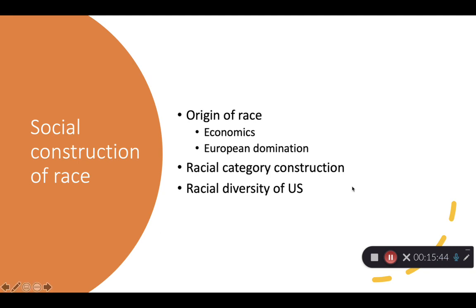Okay, so again, we have to be questioning all kinds of things. Where did race come from? Why was it created in the first place? Who created race? How did they construct race? How was an entire society built upon racist principles that even excluded people from the Constitution that were female or non-white?